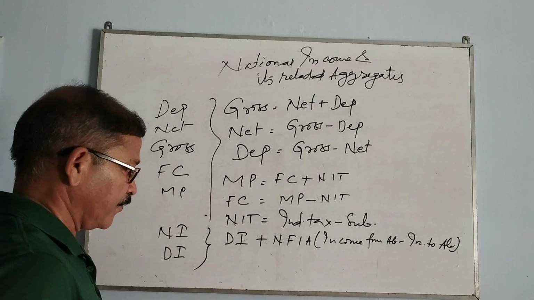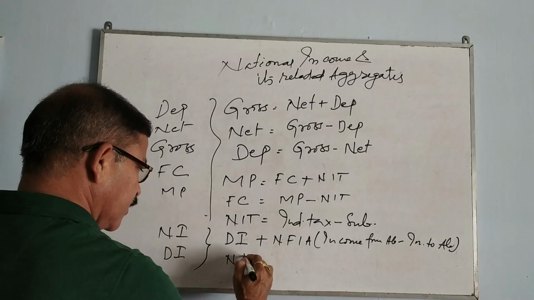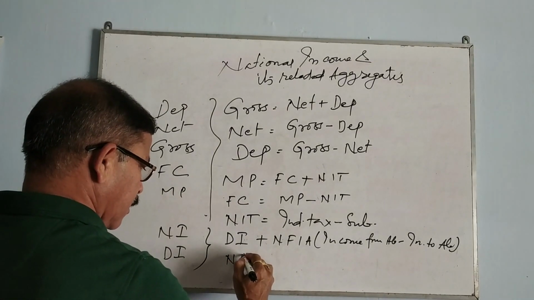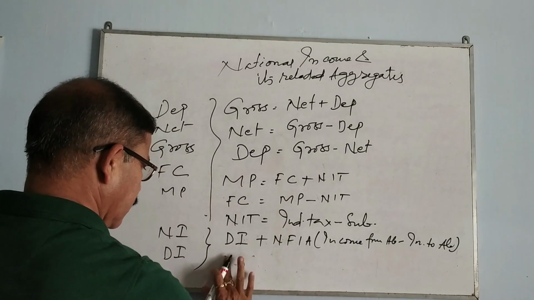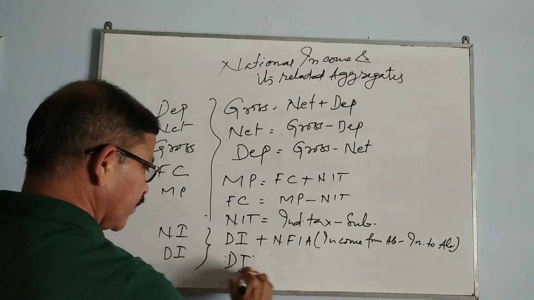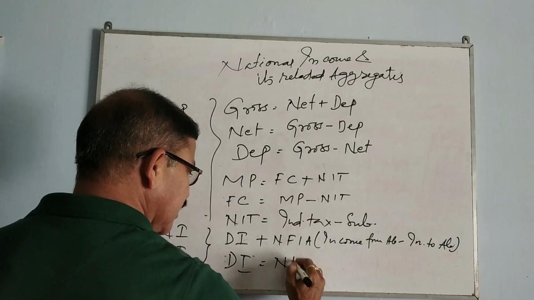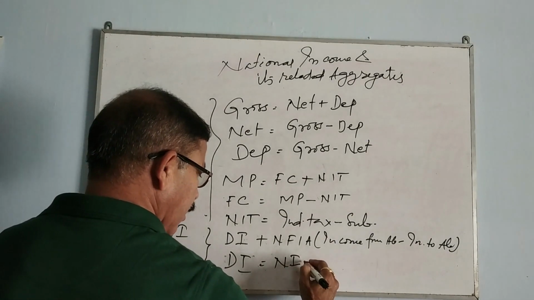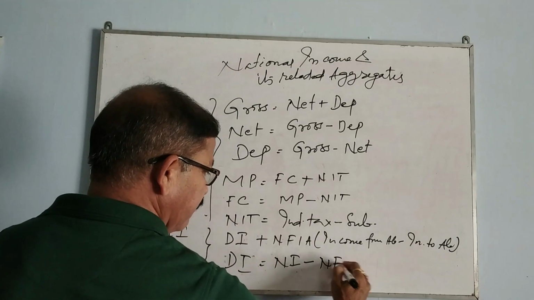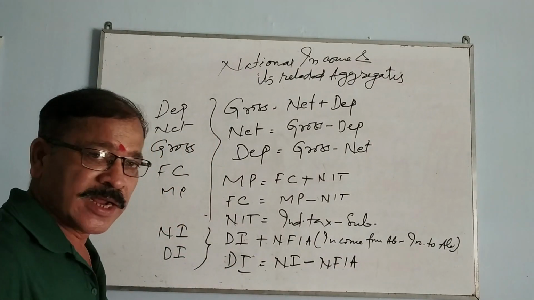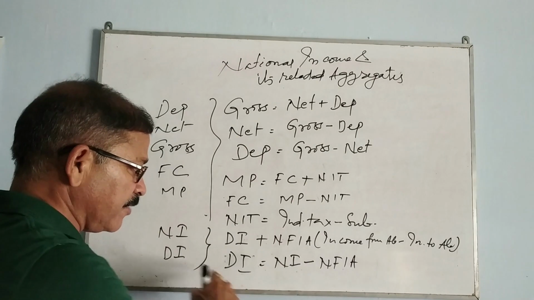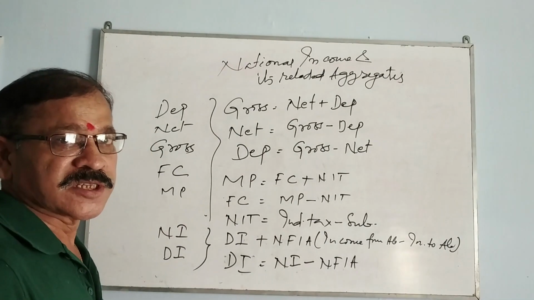This is NFIA. If you want to find out domestic income, then national income minus NFIA.